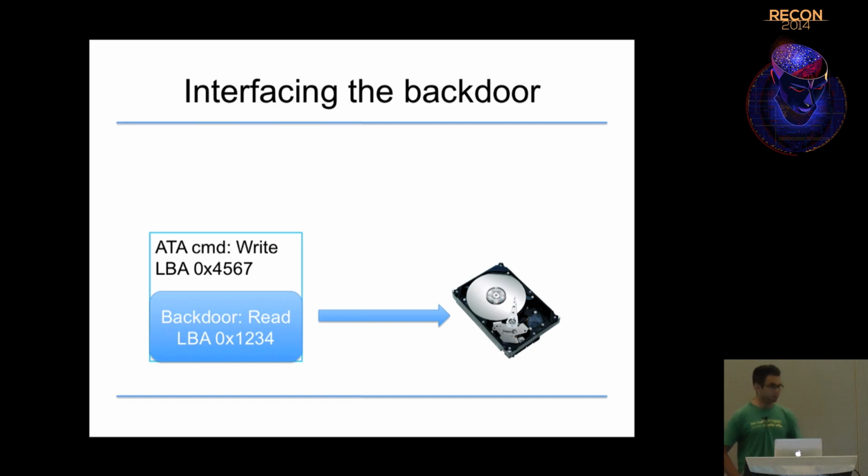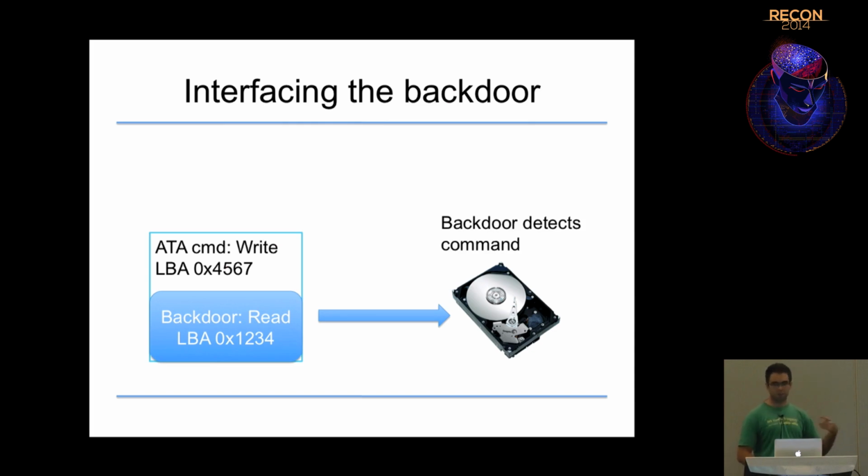This is why I have it in graphics again. So we are sending a command, write logical block 4567 to the drive. And this block actually contains the backdoor command. And the backdoor command says read block 1234. This goes to the hard drive.